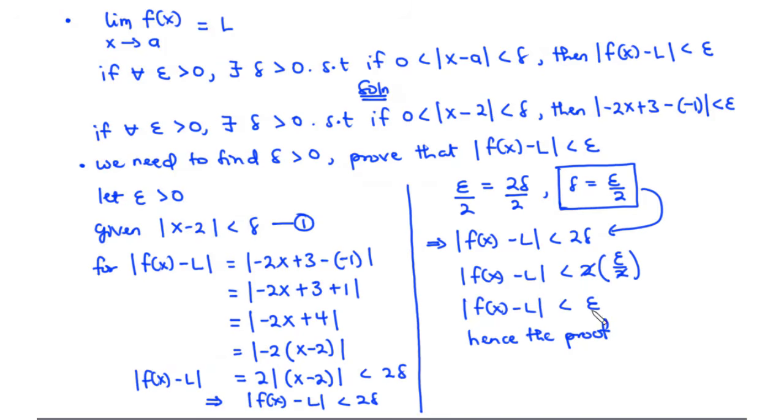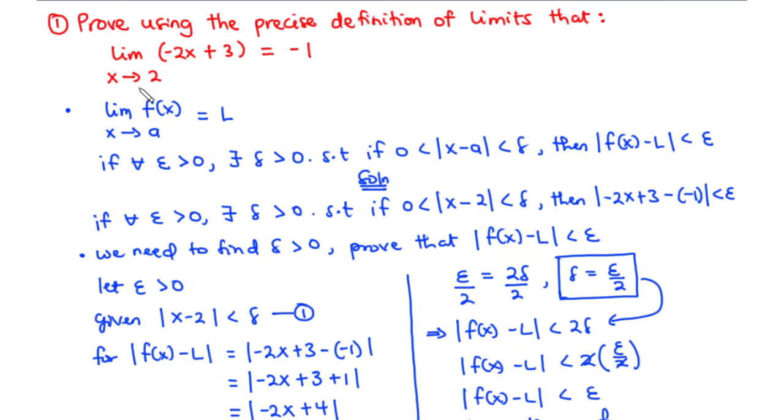So that is actually what we have here. So we've been able to prove that indeed the limit of this function as x approaches 2 is equal to -1. So this proof relates to functions of single variables.